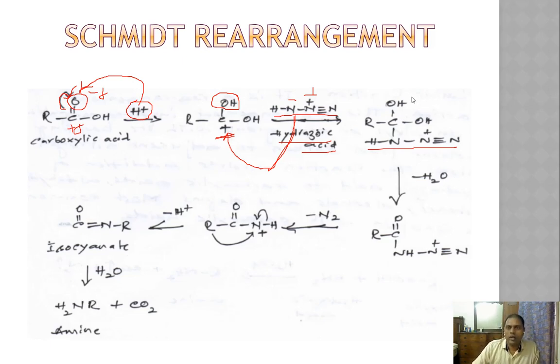After that, one molecule of water is going to get removed from here, right? And with this oxygen, the carbonyl group is going to form over here. So water molecule is getting removed, and the carbonyl bond is going to get formed over here. So look at the changes here.